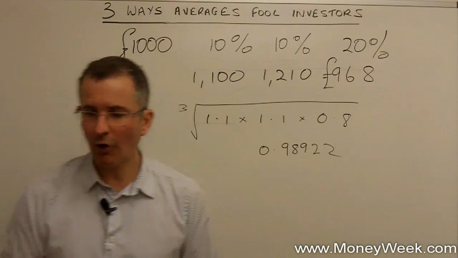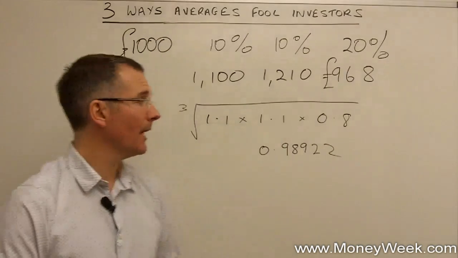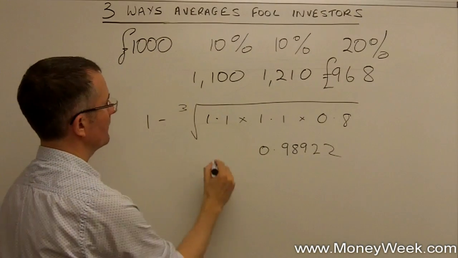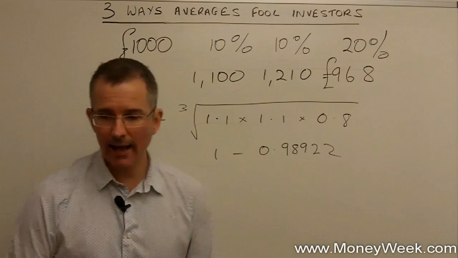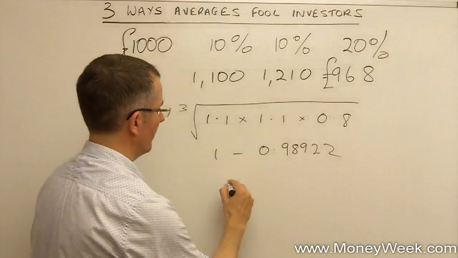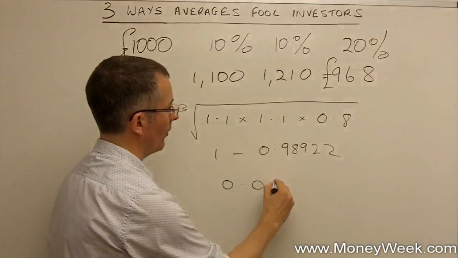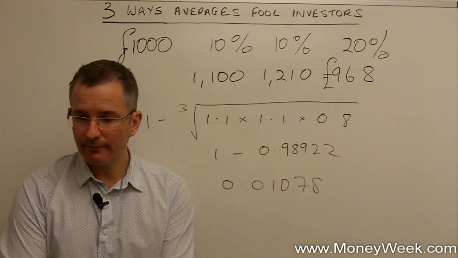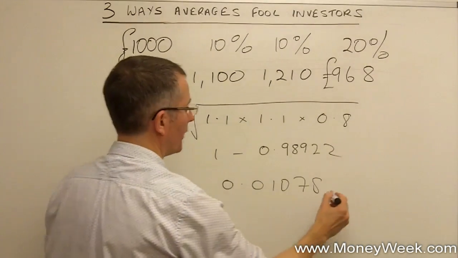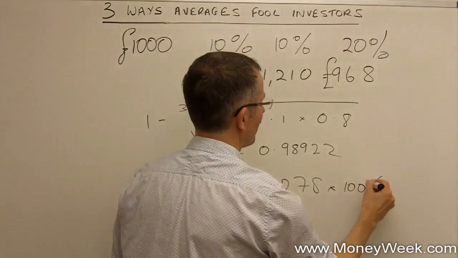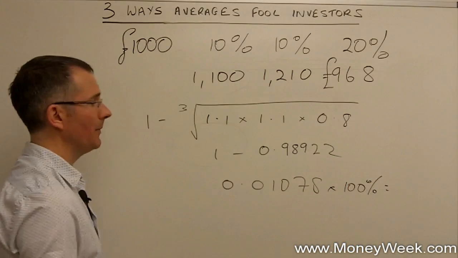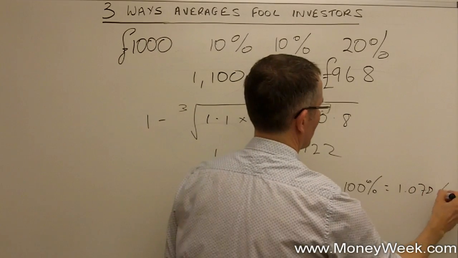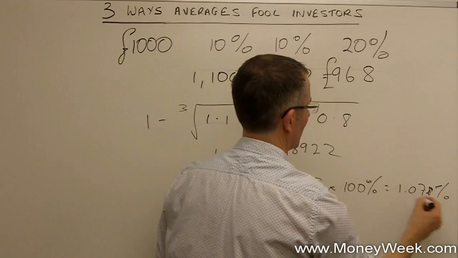You might be thinking, what a horrible number, and it is a horrible number, but basically take that away from 1 and you end up with 0.01078 or thereabouts. Multiply by 100%. If you're wondering where this is going, good question, and you end up with just over 1%. Negative.